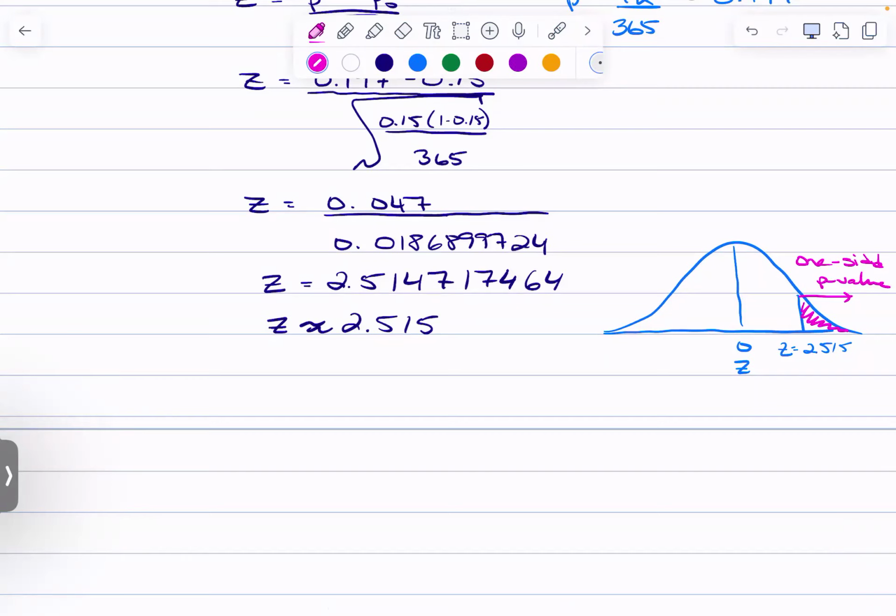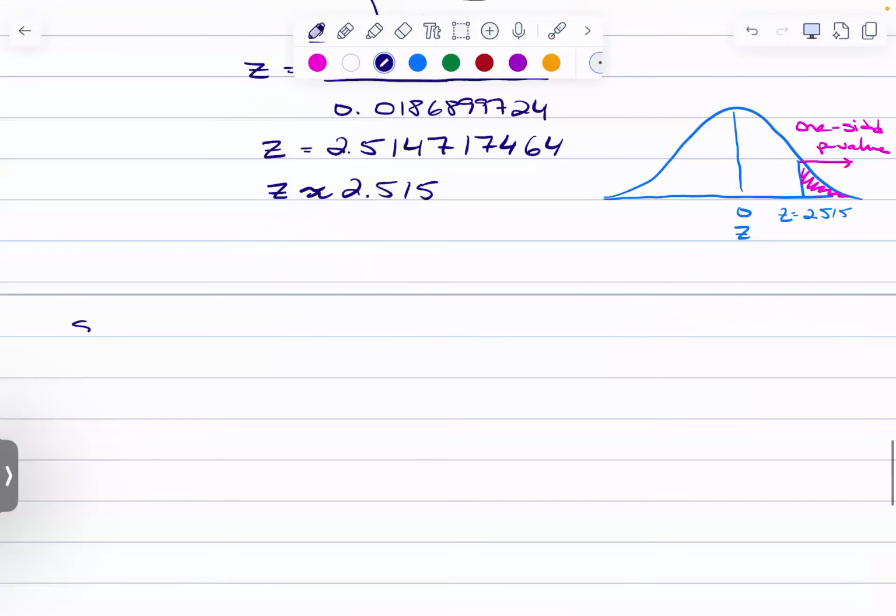So we use our Z, and that's going to help us calculate our p-value, which is step 3 of a hypothesis test. Find the p-value.